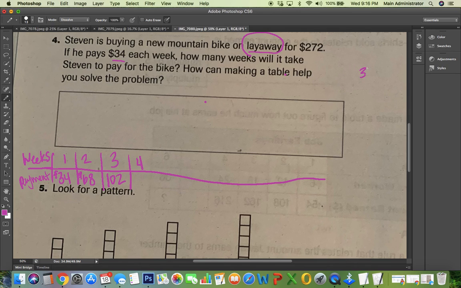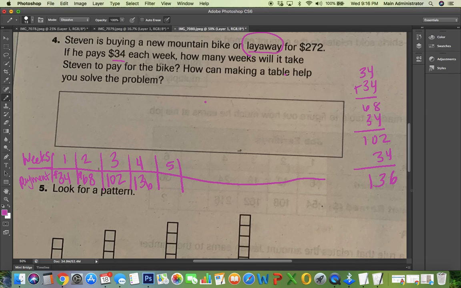Because I have 34 plus 34, 68. Another 34 gives me 102. In week 4, I have another $34 I'm spending, which gives me 136.